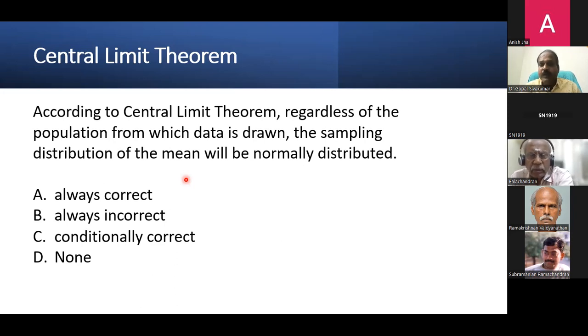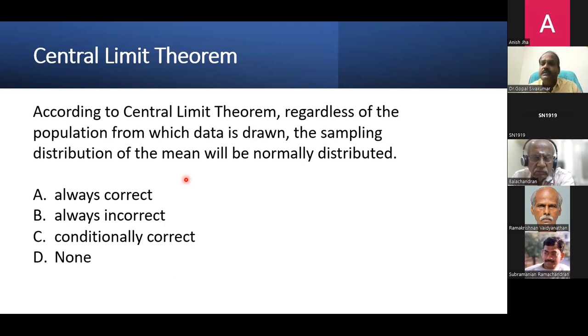I'll tell you. Your population can be normal and non-normal. Similarly, the sample distribution can also be normal and non-normal. In all situations, the distribution of the sample means will remain normal.